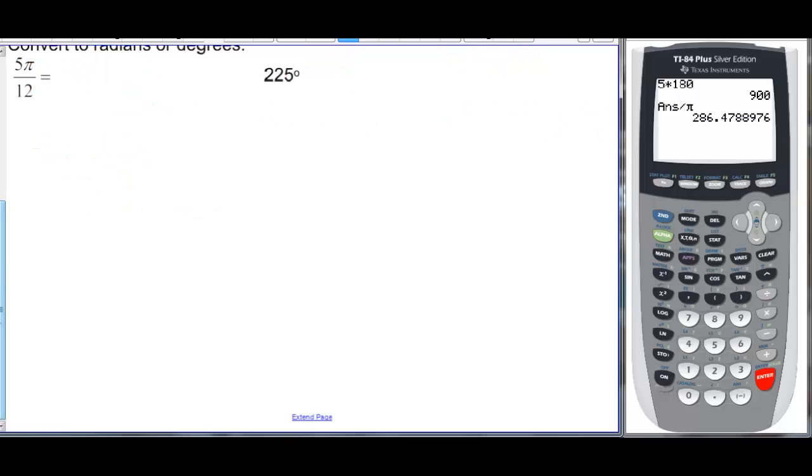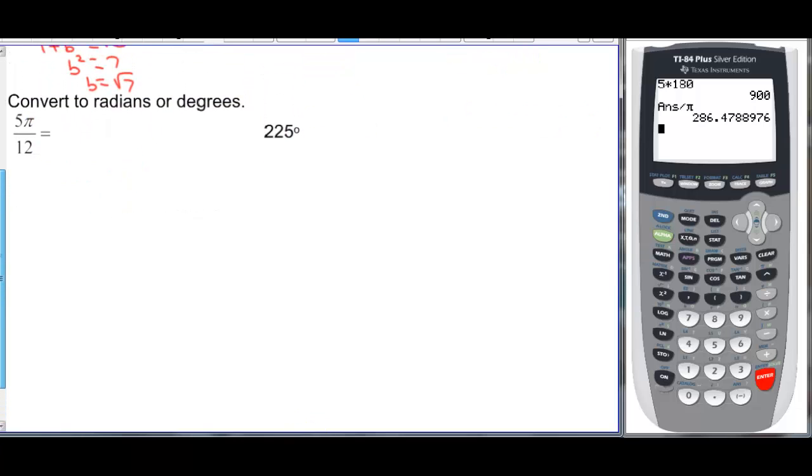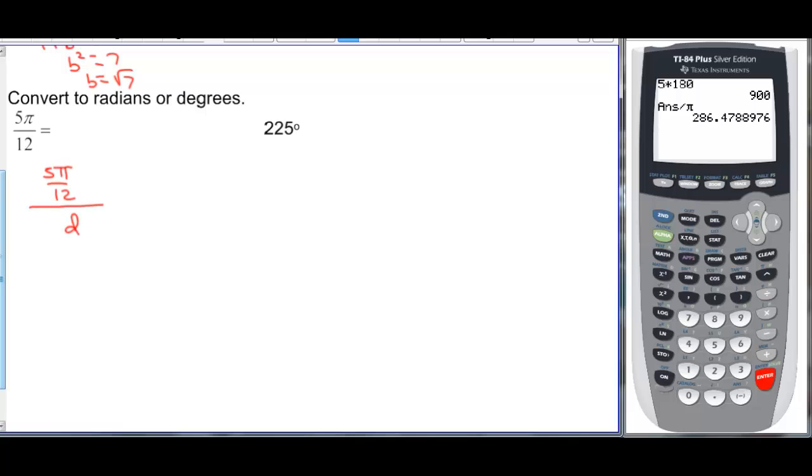Convert to radians or degrees. We have 5 pi over 12 over degrees is equal to pi over 180. We can cross multiply. We have pi d equals 180 times 5 times pi over 12.